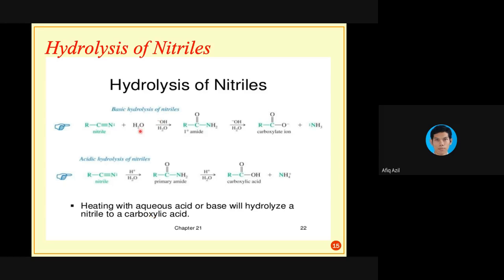Okay, you have to have water, but in two different environments in which you can also add acid to it or base. Okay, this one is by adding base with water, mixing base with water, and this one acid with water. Okay, both will give you carboxylic acid as the final product, but with different byproduct.